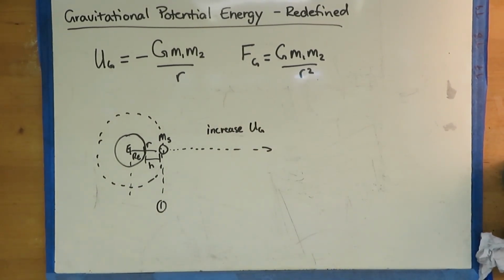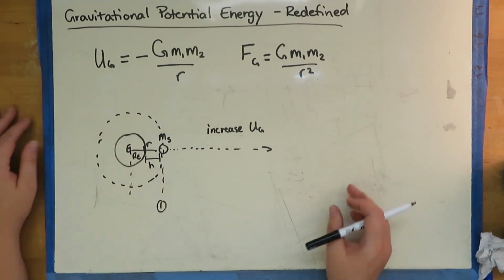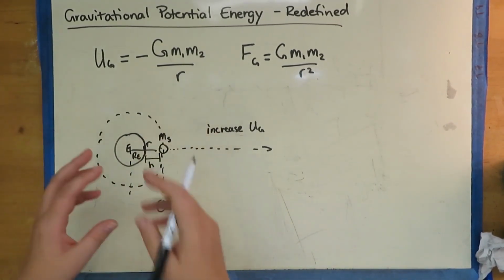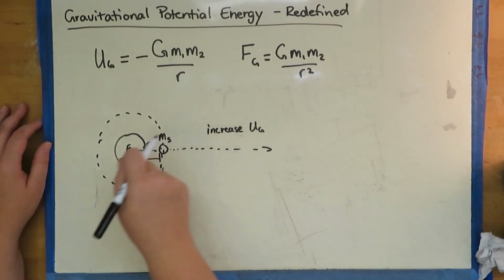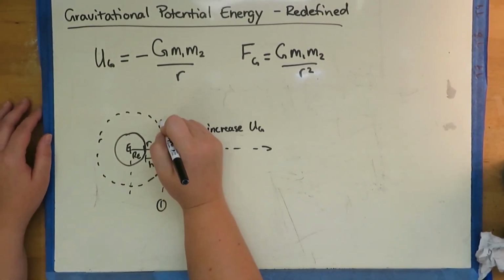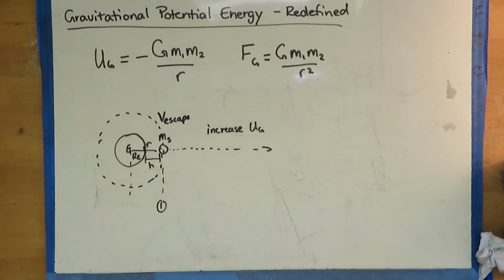And let's just assume that I only have the capability for the rocket to burn instantly. So I'm not going to have a continuous burn situation. Let's say I had a big space catapult here and I was going to catapult it away. So there is going to be some sort of speed that I need to have at this position right here if I'm going to escape Earth's gravity.